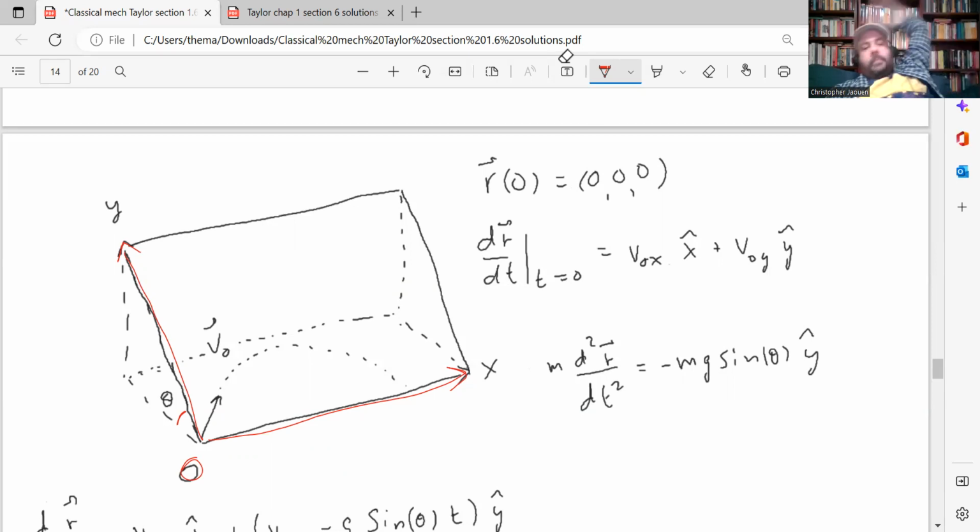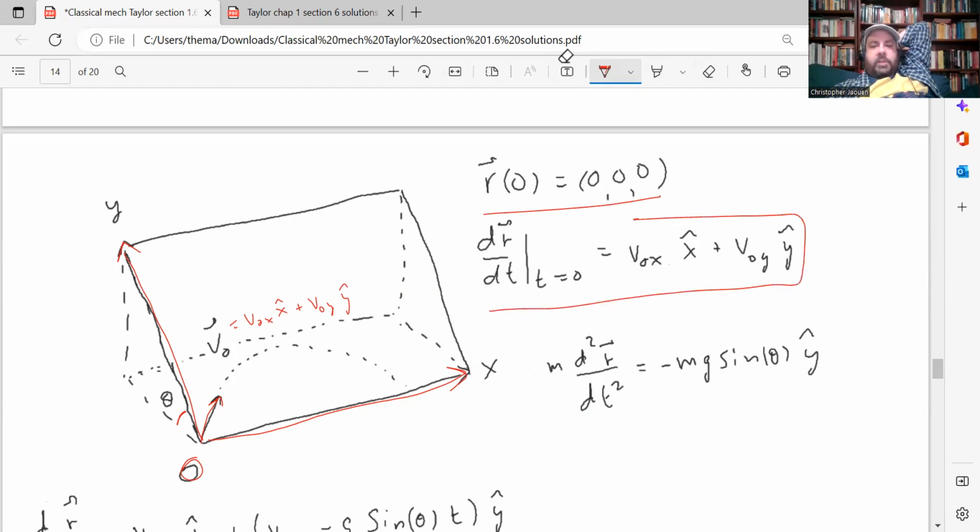All right, so we kick this puck going this way with an initial velocity v0, which is a vector here. I can write it in vector notation: v0x x hat plus v0y y hat, and there is no acceleration in the z direction, so that component would be 0.